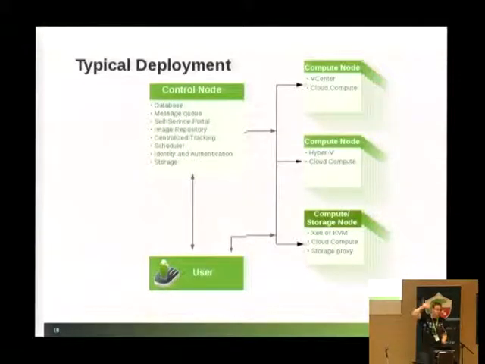And then you have compute nodes and storage nodes. This is actually a simplified view, because usually a large cloud with quite some nodes would not have just one control node, but the services spread across several control nodes. But you can do it that way.